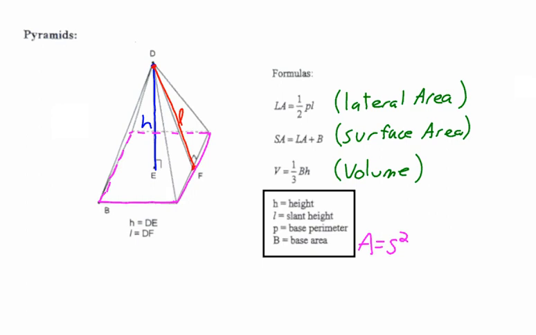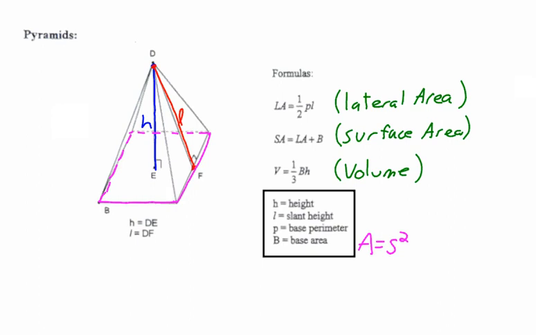So it applies to triangular pyramids where your base is a triangle, rectangular pyramids where your base is a rectangle, pentagonal pyramids where your base has 5 sides, or any shape base. These formulas will apply to that particular pyramid.